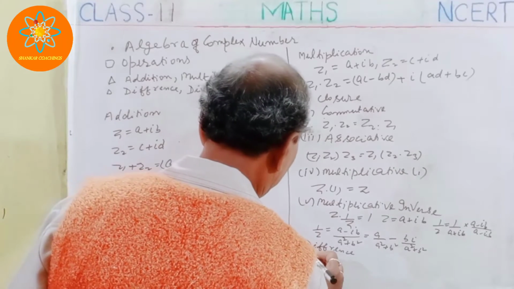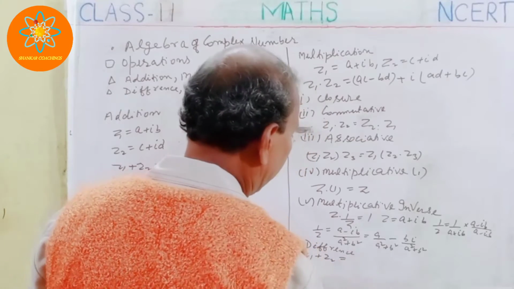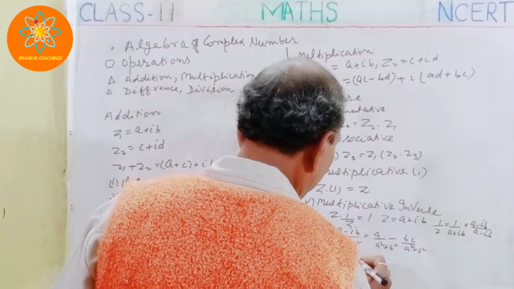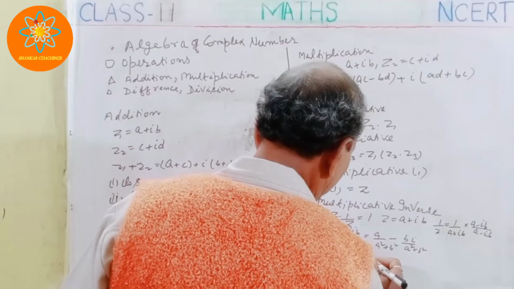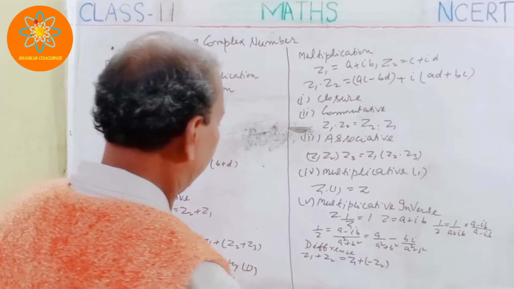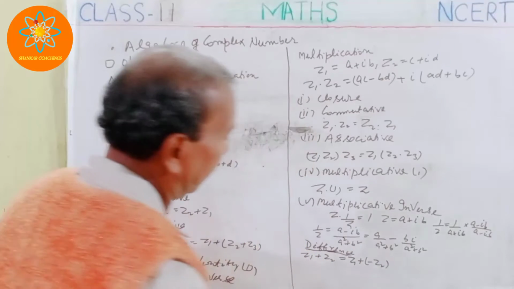If I want to take the difference, it is the same as addition, but we change the sign. So z1 plus minus z2. This is the case of the difference.